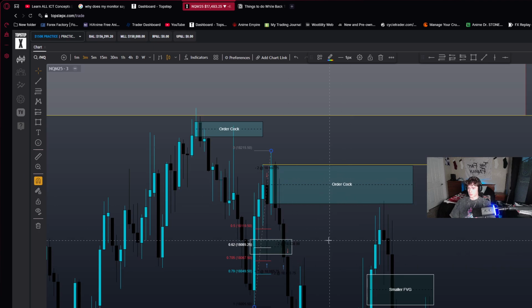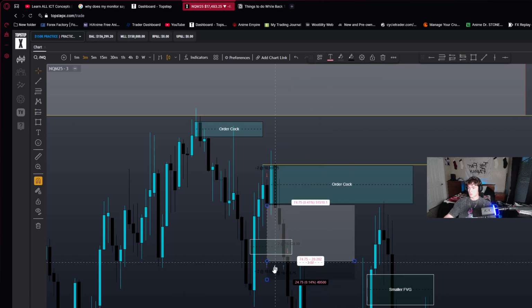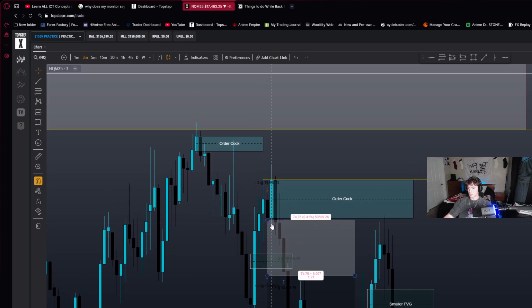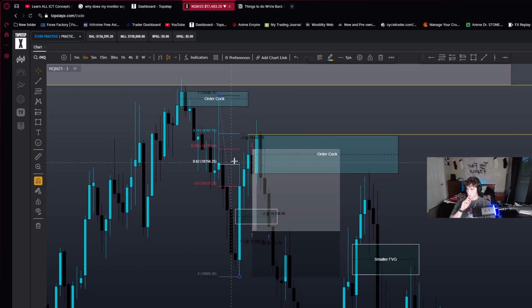If I enter at 0.62 or 0.705, if I longed at 0.705 right there, take profit at, I think it was here. Almost a 1 to 2. That's not bad.